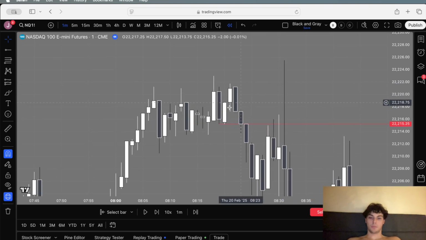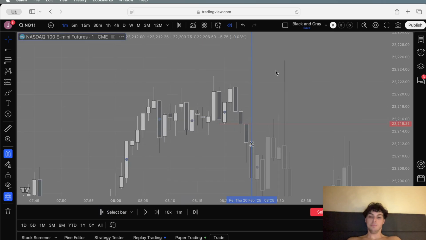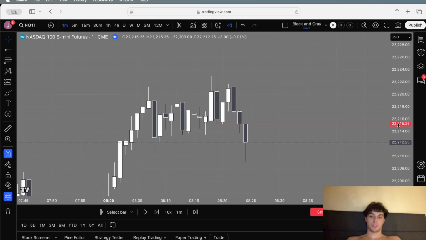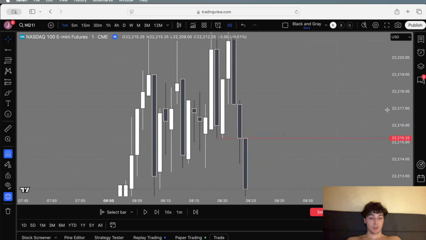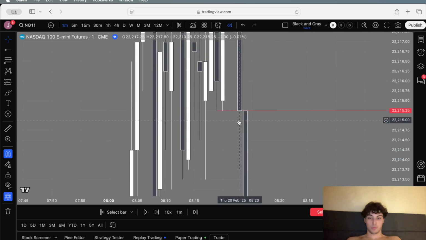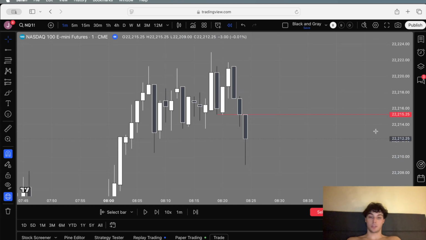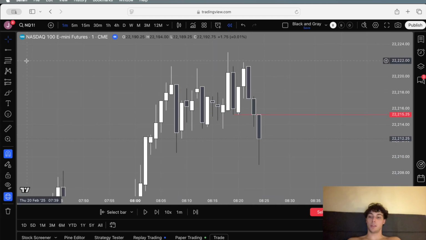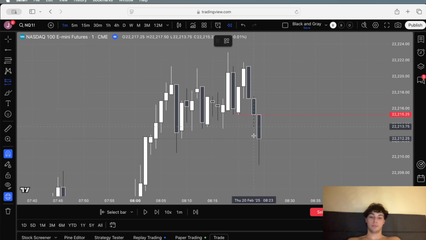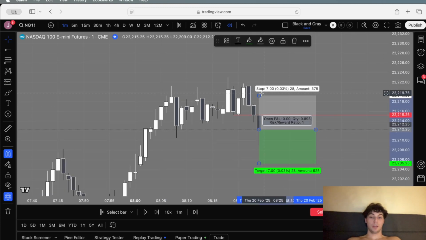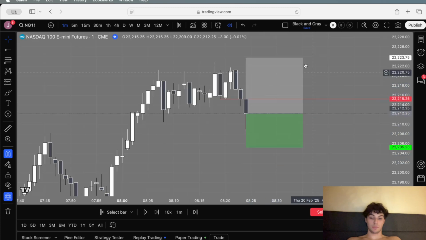What does price do? Price on the 1 minute time frame, does it break structure? Nope. It doesn't close below this line right here, so it didn't break structure. We get a break of structure off of this candle. Once again, we're entering a trade off of this.